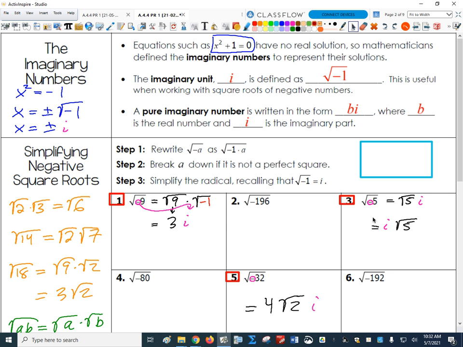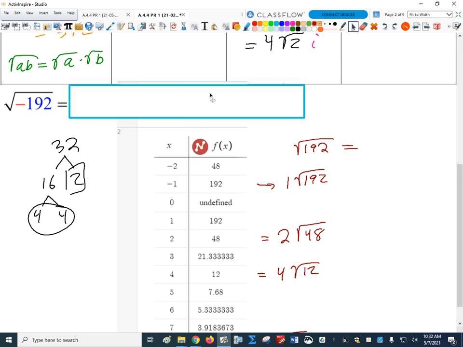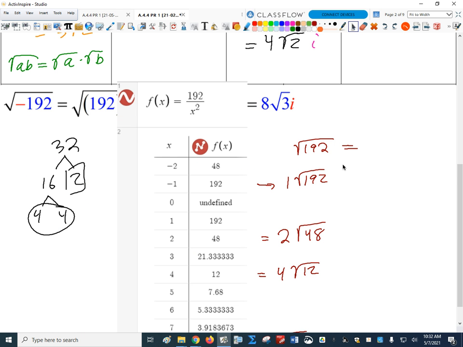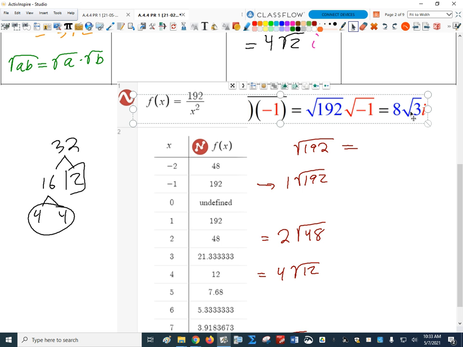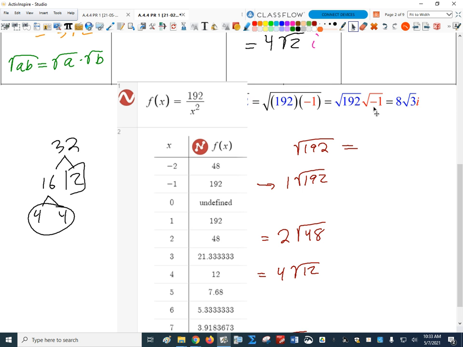So going back over here, what else do we need to look at? Well, one other little thing I'll unveil. So there was our answer for this one. There's another example.